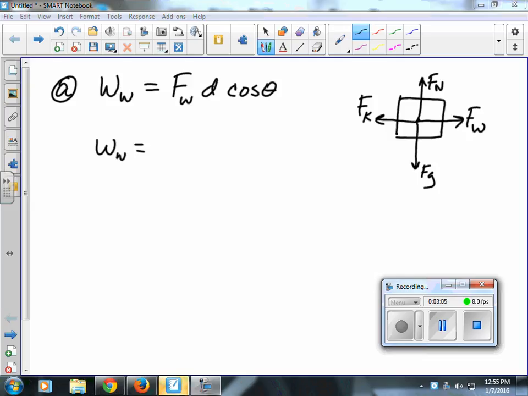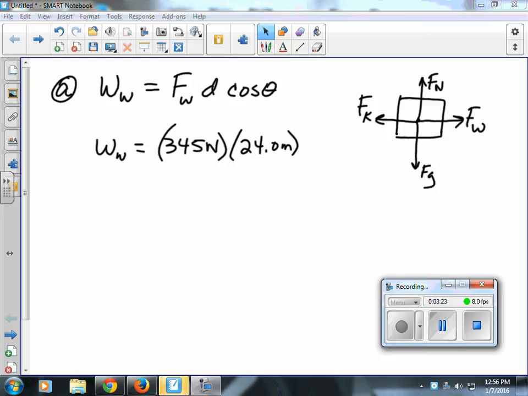Okay, so what was the force applied by the worker? 345? And what distance did it move? 24 meters? Okay, and the worker's pushing the crate, right? So the distance is in what direction?